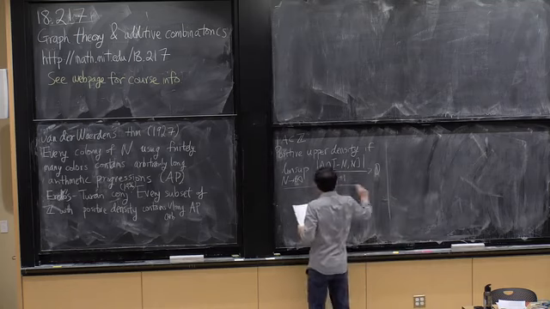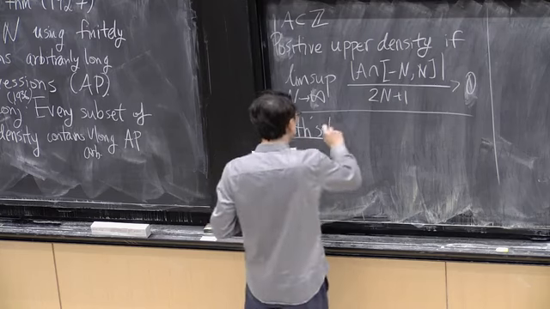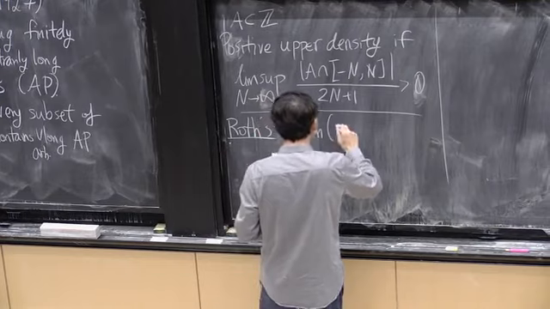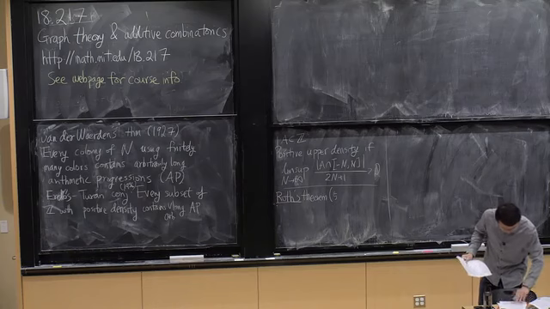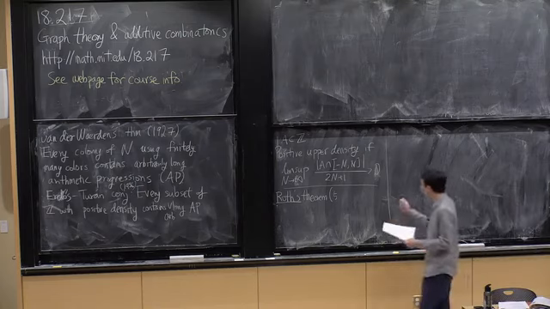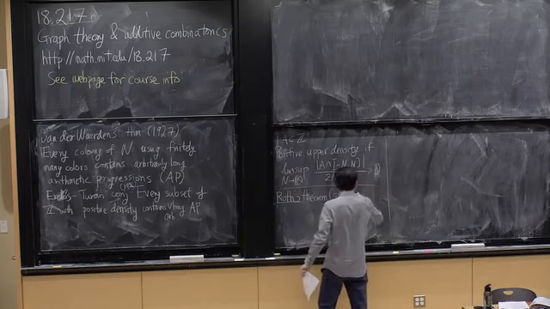In a foundational theorem in the subject known as Roth's theorem, Roth proved it in the 50s, I think 53, that k equals 3 is true.